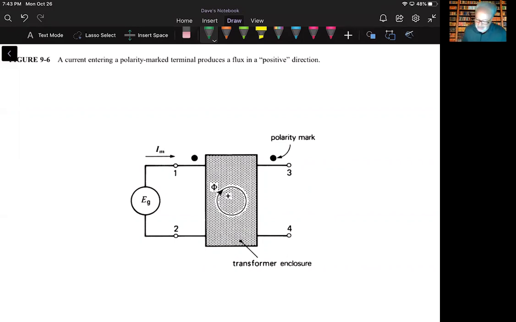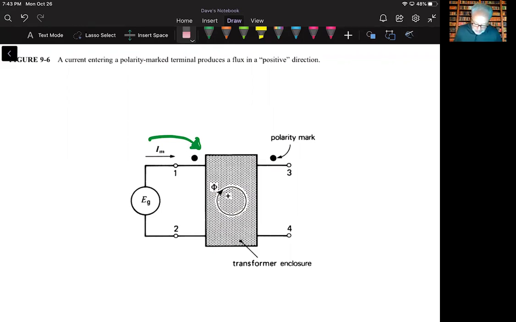So if the current is entering a particular polarity mark, then by the sense that it's entering, it's producing a flux in a clockwise direction. The magnetomotive force acts in a positive direction, therefore there's a flux produced in a positive direction.